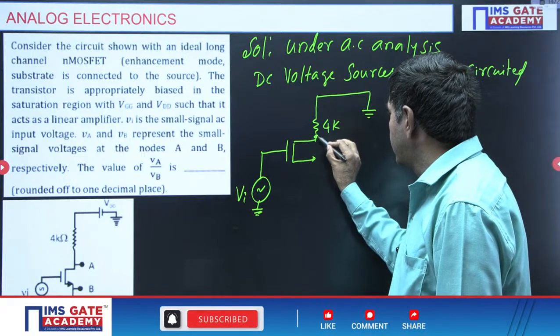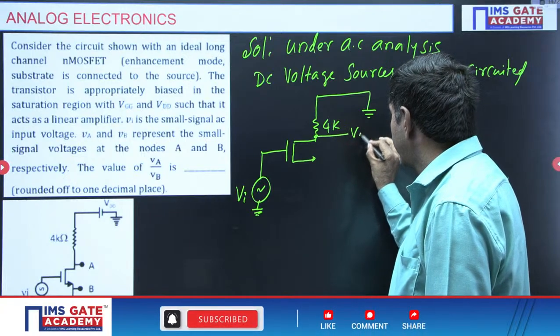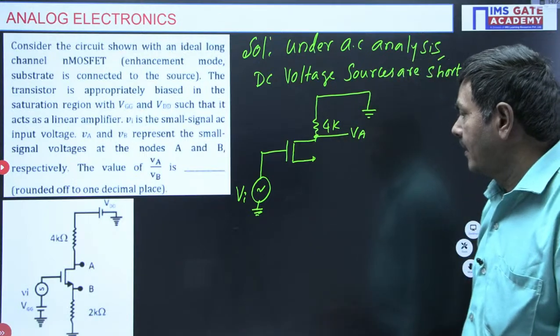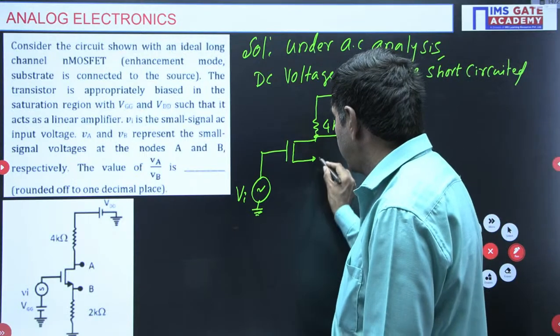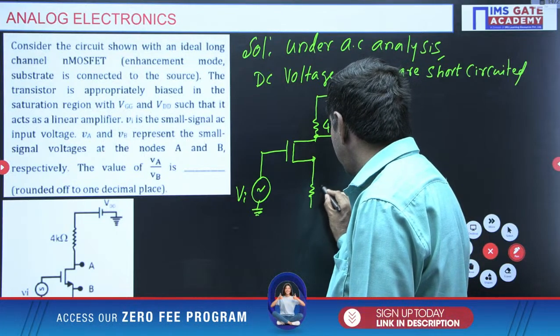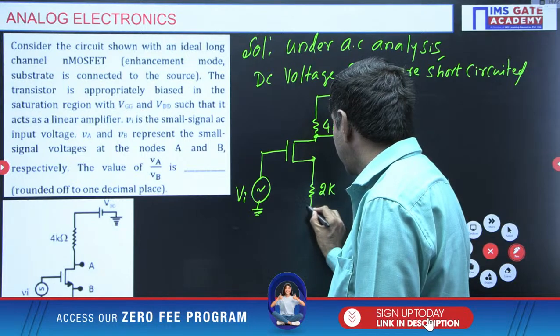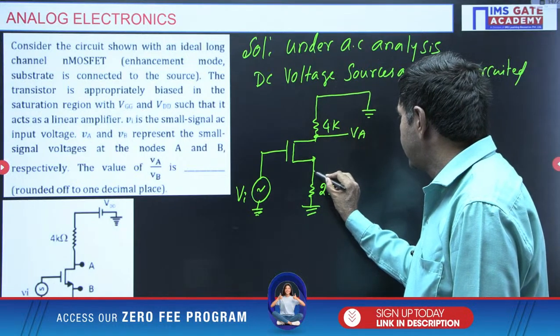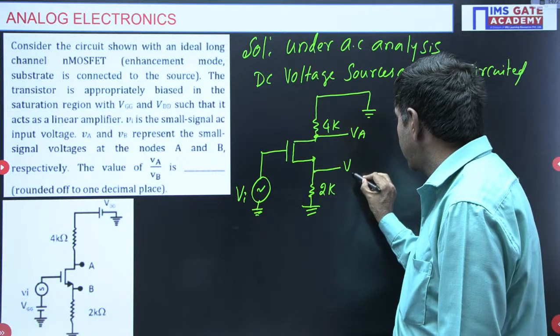This node voltage is VA. Here the other side is connected to a 2 kilo ohm resistor and to the ground. This point B has potential VB.